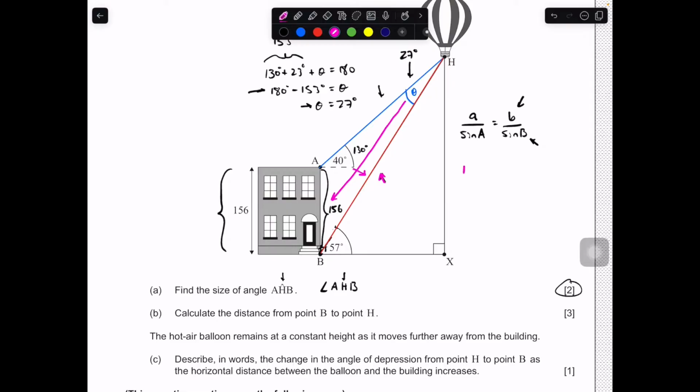So we have 156 side length over angle, which is sine 27, is equal to, and then we don't know what AH is. Let's just call it x. And we have x over sine B, and we said it was 130 degrees. Let's put that into the calculator.